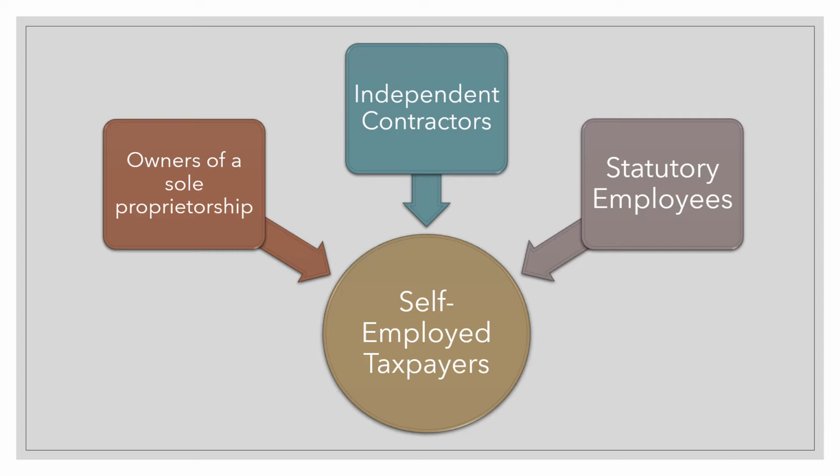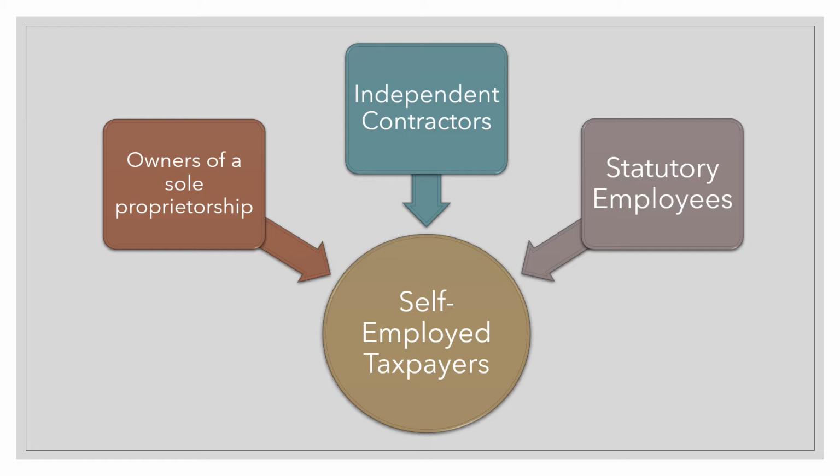And a lot of it has to do with who has control over what and how the job gets done. Publication 15A is an excellent resource to help determine whether somebody is an employee or an independent contractor.